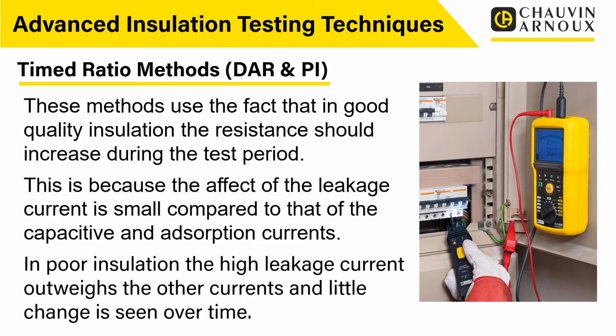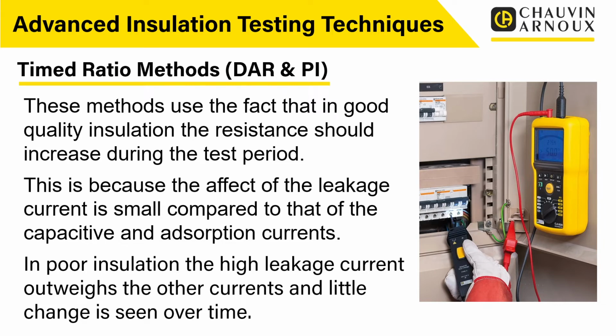So these tests rely on the fact, we talked about this change in insulation resistance over time because of the charging and, as we'll look at later on, discharging rate of the changing current. So these methods use the fact that in good quality insulation, the resistance should increase during the test period.